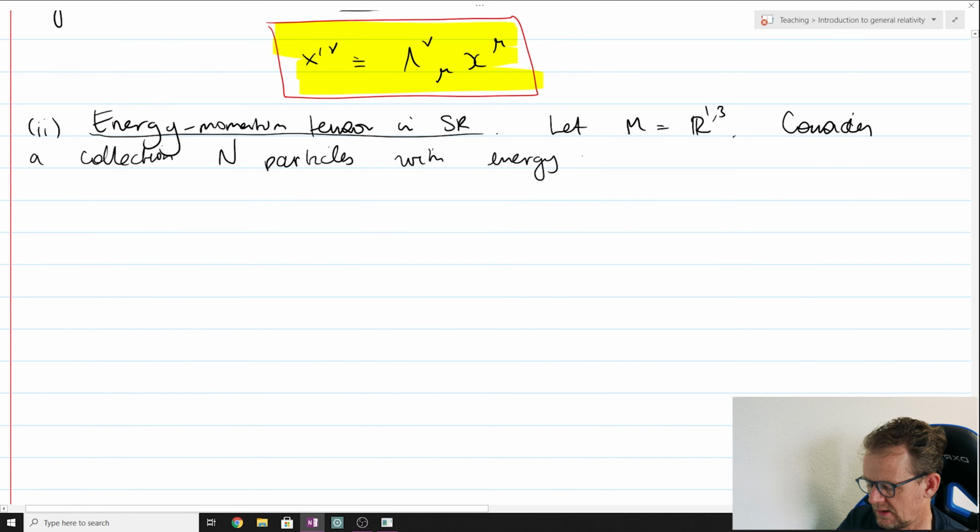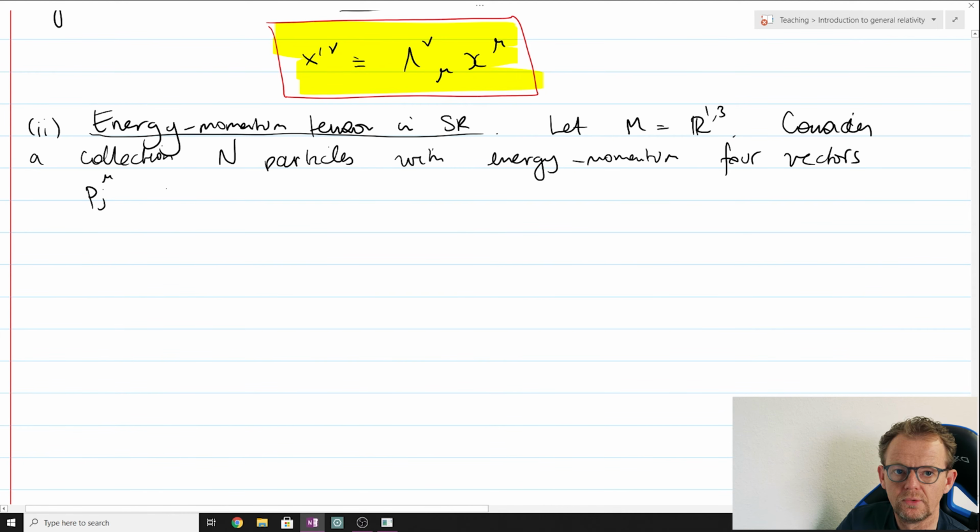And they're moving, so there must be some associated energy momentum 4 vectors for each particle. So each particle has an energy momentum 4 vector at a given time and its location. So I'll just write it like this, with energy momentum 4 vectors p_j mu, and here we've got n of them, so j is running from 1 to n.